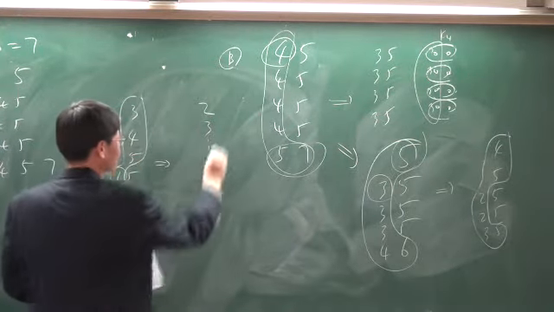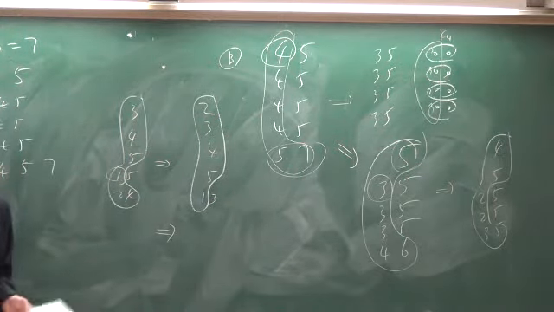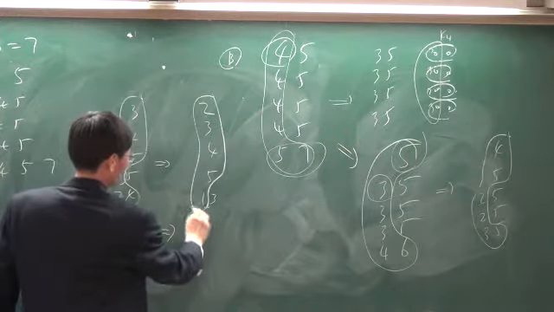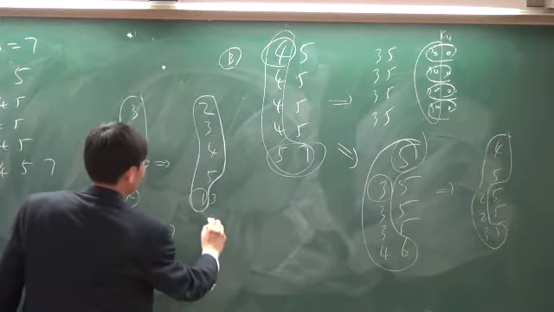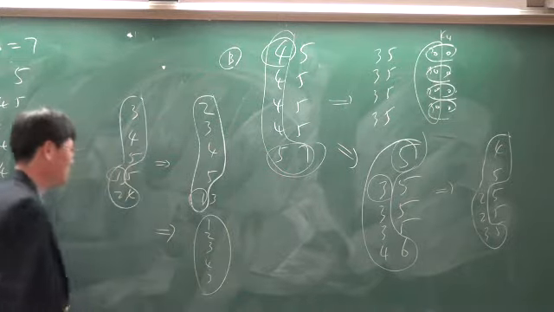Then next, Alice presents this way. Then what is Bob's choice? He must select this one. So 1, 2, 3, 4, 3. So what is the problem here?